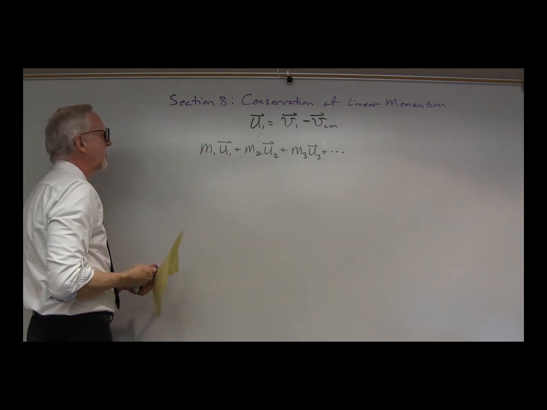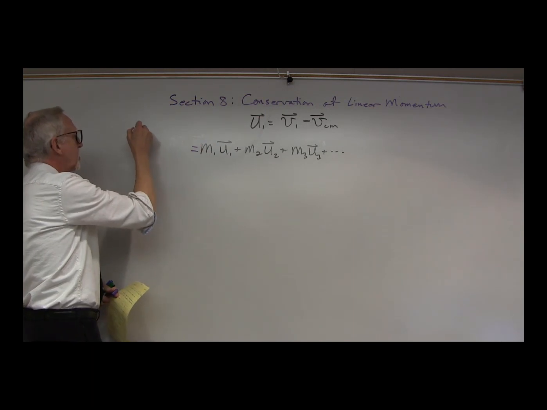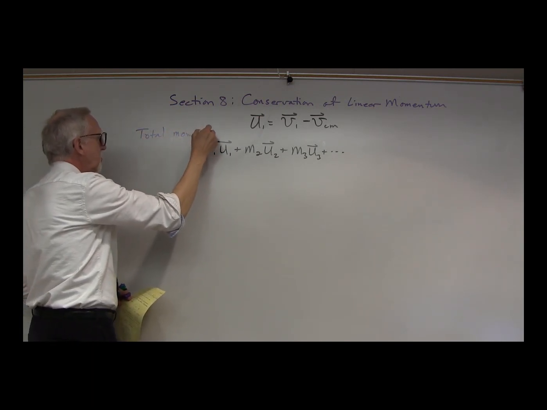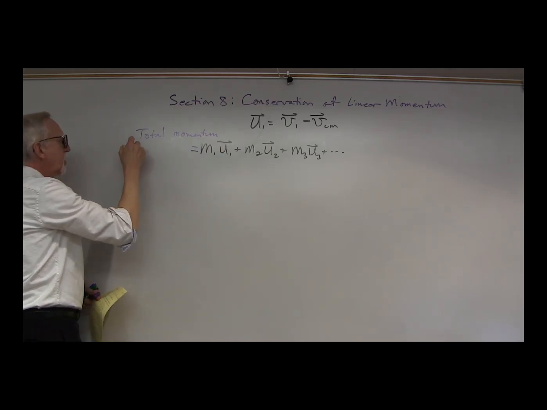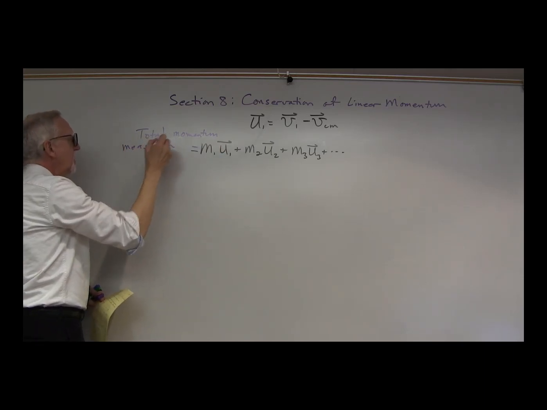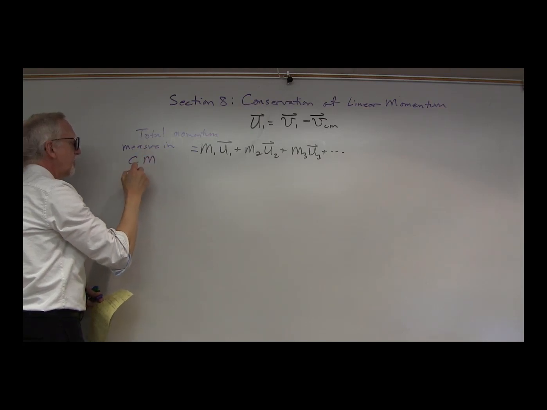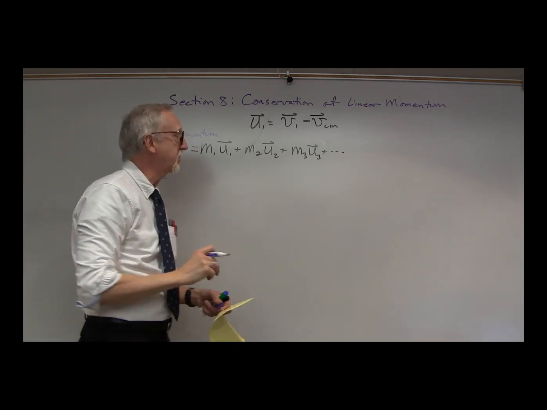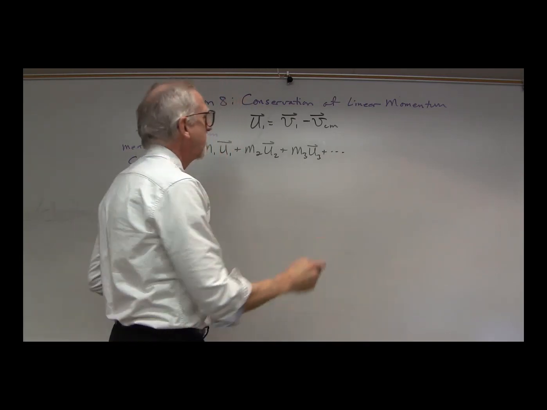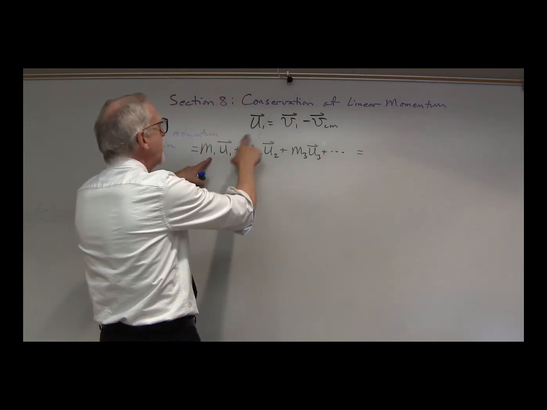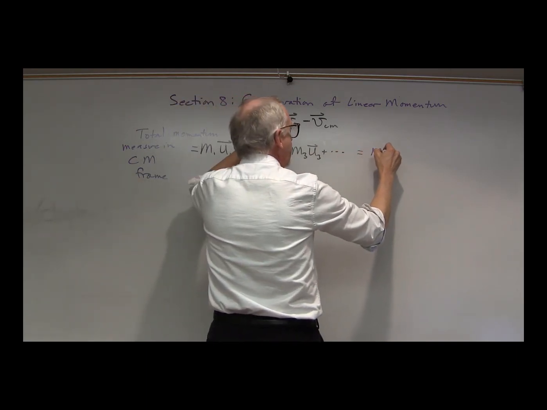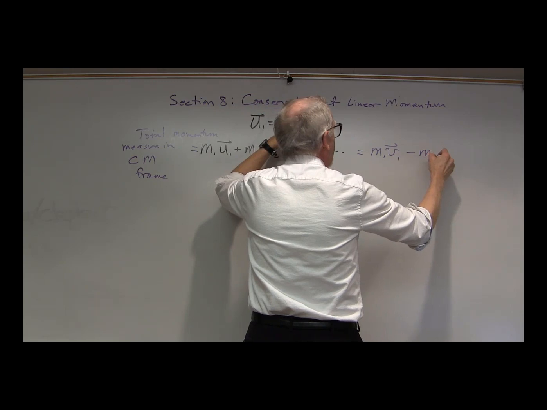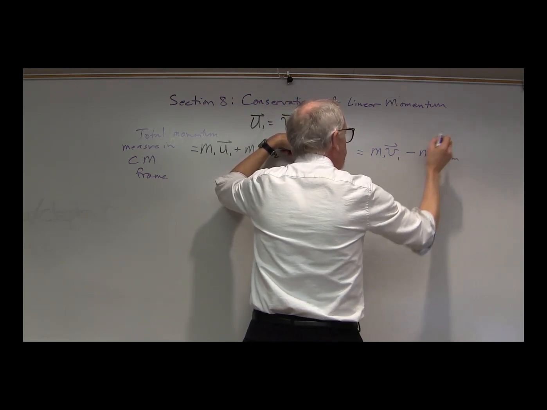So what is this? This is the total momentum measured in the center of mass frame. Okay? Let's see what that is. Well, what do we get? M1U1 will be M1V1 minus M1VCM.